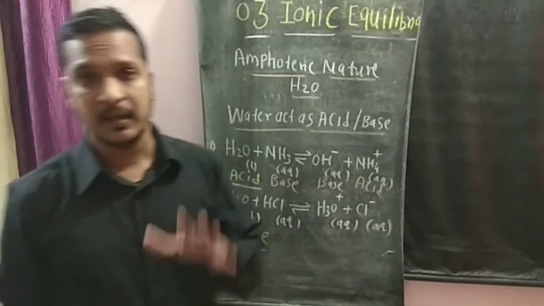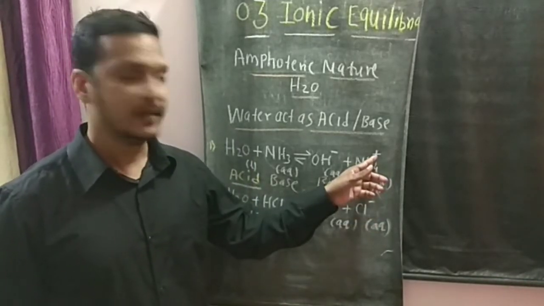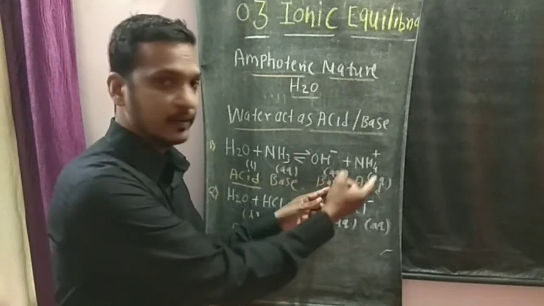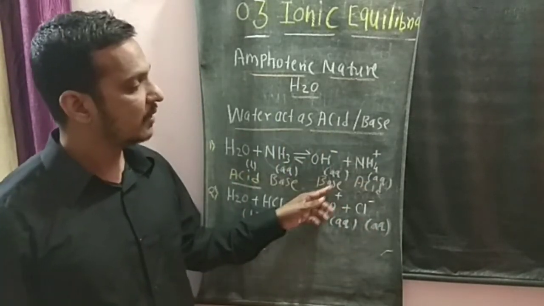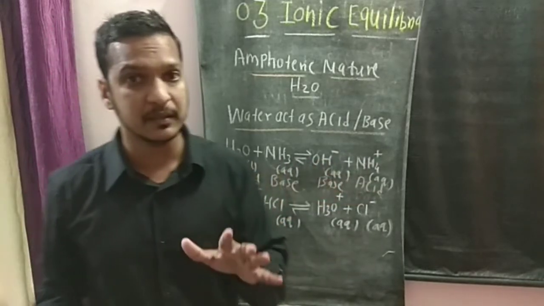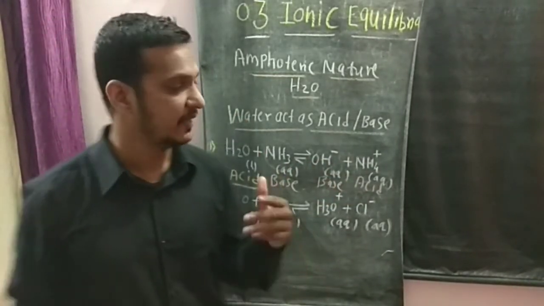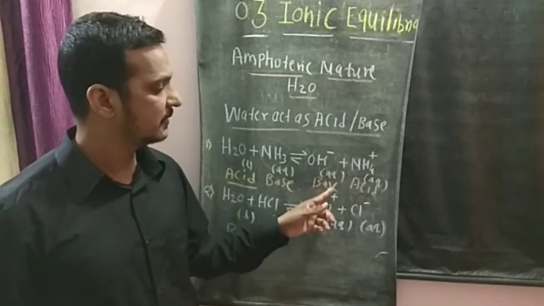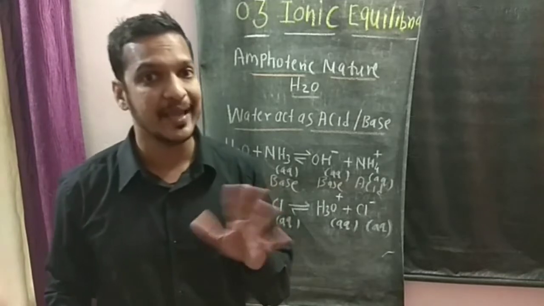Always remember that in case of products, after conversion, when we get positive species and negative species, the positively charged species is called acid and the negatively charged species is called base.